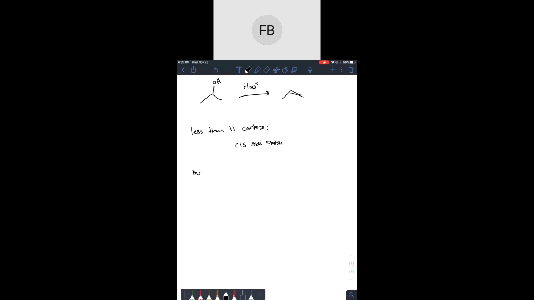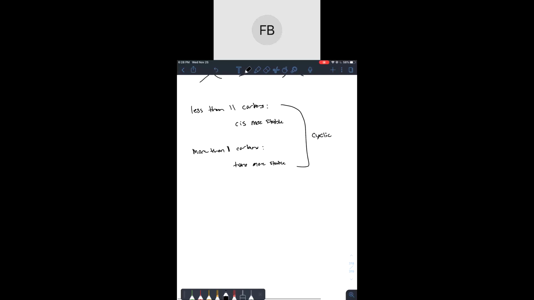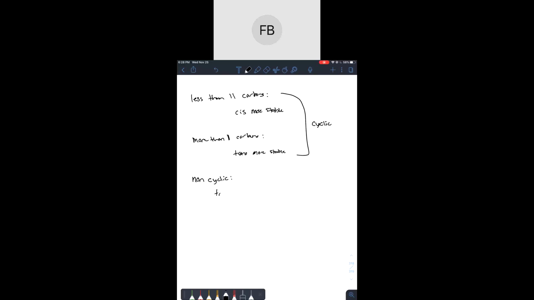If you have more than 11 carbons, trans is more stable. But this is only within cyclic. For non-cyclic, it's trans. Trans is always more stable.